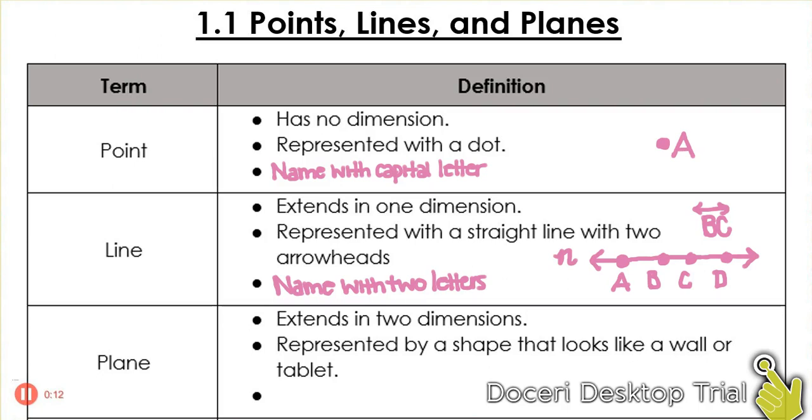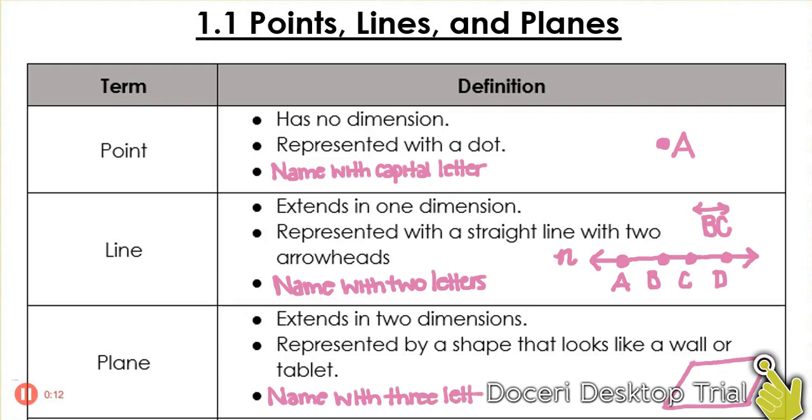A plane actually extends in 2 dimensions. So we're talking about something that looks like a tablet or a wall, and it actually extends forever, and it is named with 3 capital letters. So you are always going to choose 3 letters, and those 3 letters have to come from the plane.